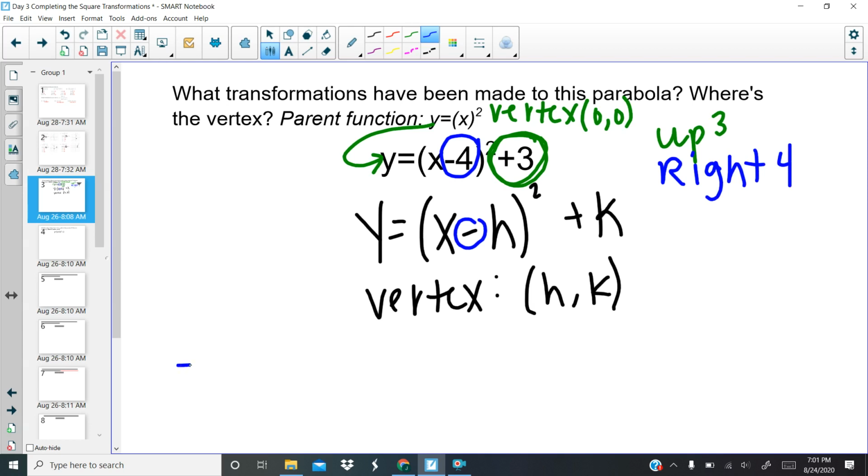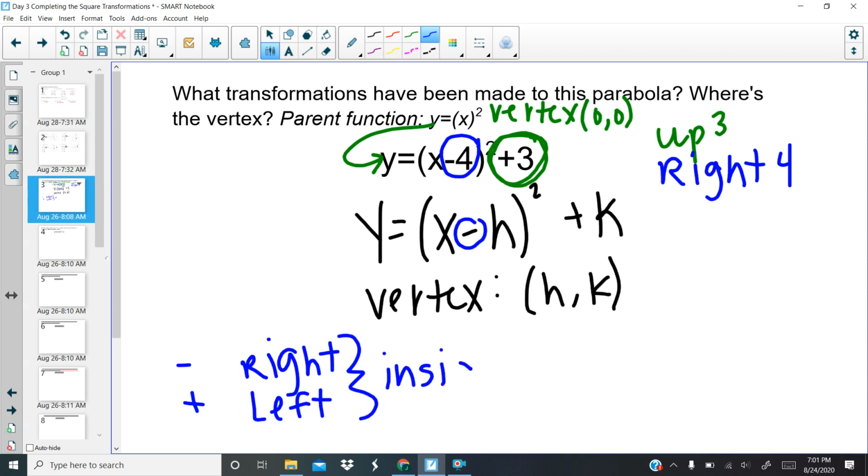Minus moves it to the right, and plus moves it to the left. And on the outside, the plus moves it up and the minus moves it down.